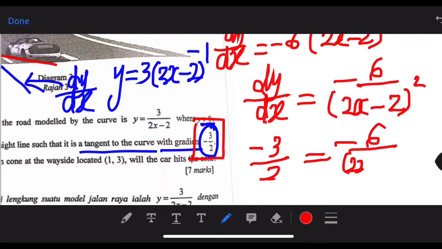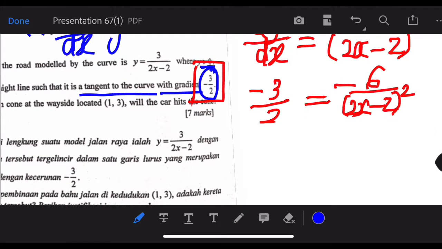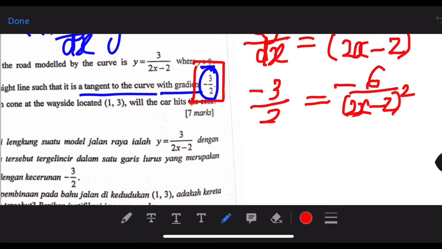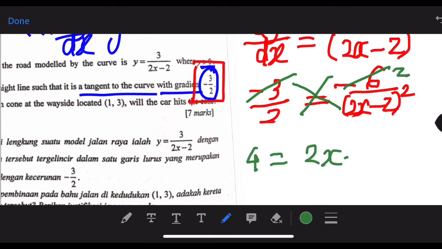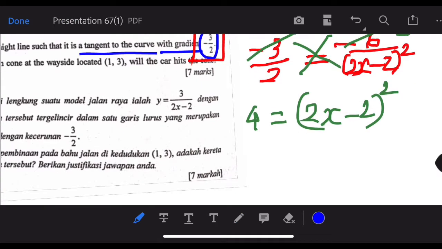Basically, this is how you do for the equation of tangent. Alright, so we are going to cross multiply carefully. Maybe you can cancel the 3 and 2. So it becomes 4, right? 4 equal to (2x minus 2) squared. You understand? Or you can cross multiply slowly, but we want to go fast.